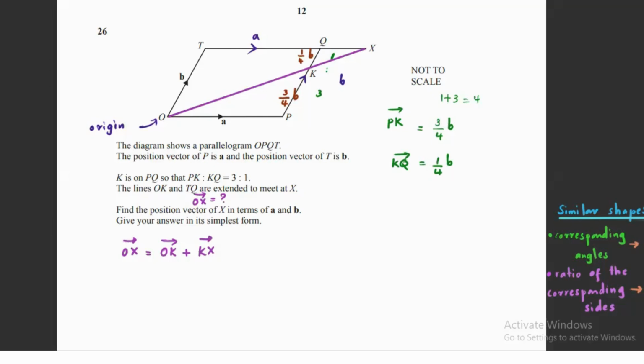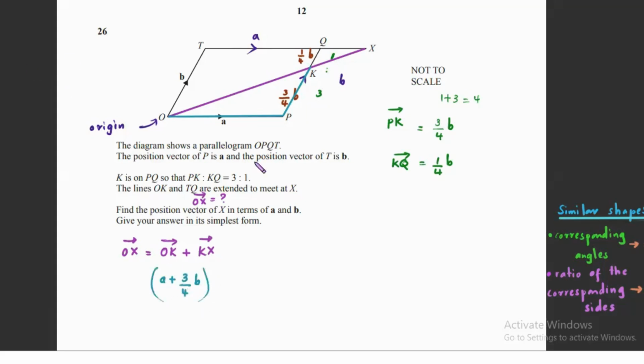For that, I'm going to take this route, which is O to P and then P to K. So O to P is A, P to K is 3/4 B, which we already calculated. I need to add these two together, which will give you what O to K is. So I can write that as A plus 3/4 B. This is O to K.